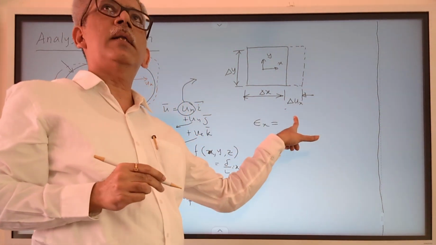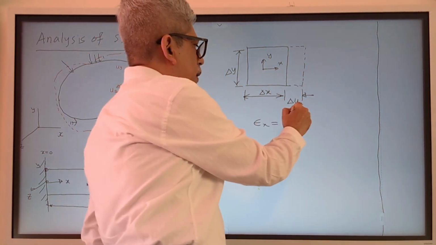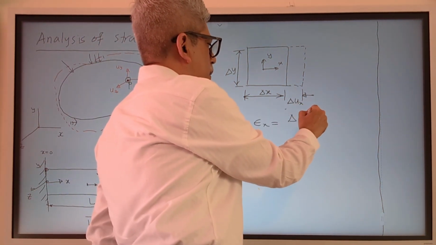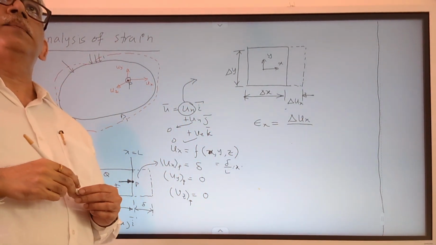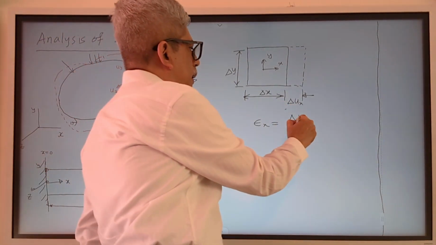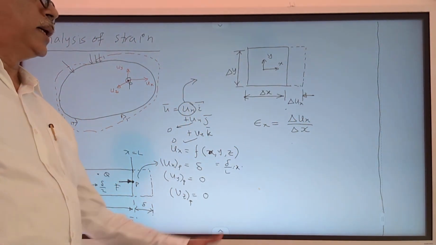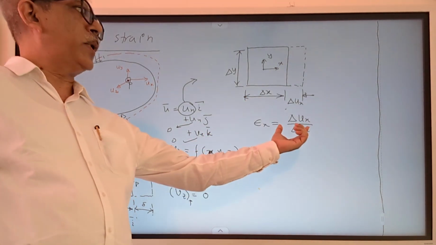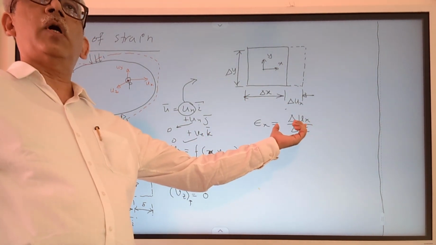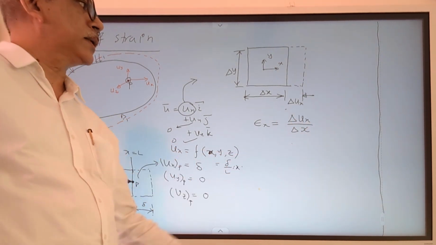What is the change in length here? It is delta ux. This particular rectangle is changing by delta ux. And what is the original length? That is delta x as given here. As this particle size becomes smaller and smaller, this ratio will take the form of a differential of ux.